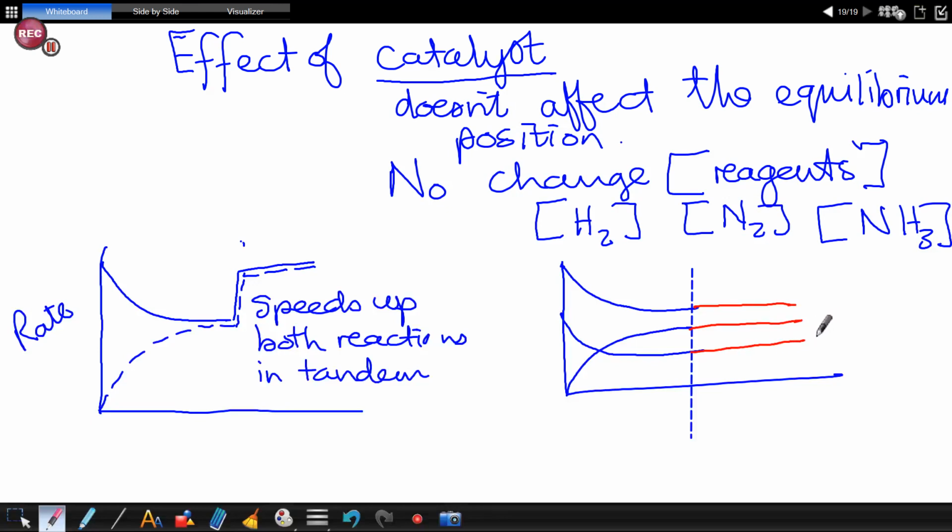So adding a catalyst will not change the concentration at equilibrium. It just makes the whole reaction go faster. So basically this thing happens.